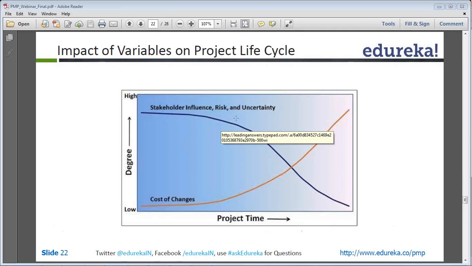Again, they come back a little bit for the UAT and then it's over. Risk, if in the beginning we don't know much, so the risk is much higher. As we get into the project, we go through the requirements, the design, we know more and more details of the project and we are able to understand the project much better. So the risk and uncertainty are much less.